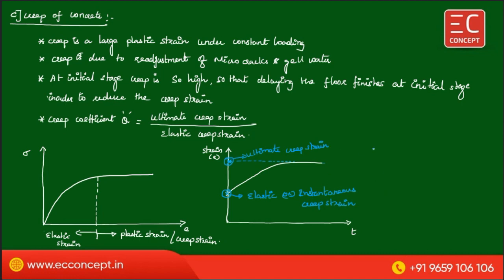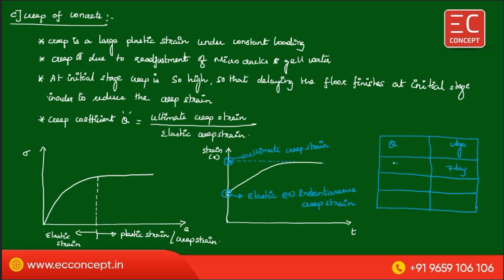Now see, here the creep value is more at the initial stage. The value is important. Creep coefficient is denoted by theta, so theta and age. This is important for your examination. For 7 days, the creep coefficient is very high, 2.2.